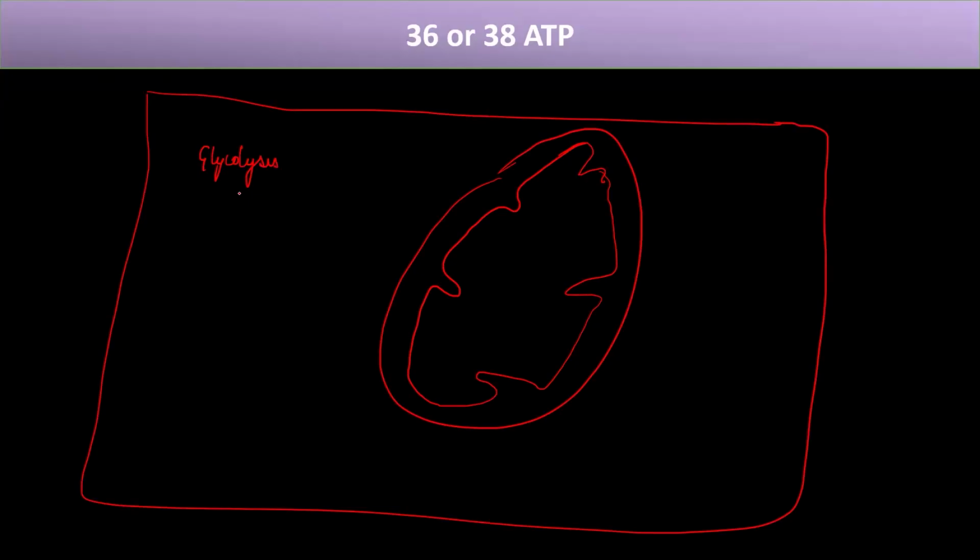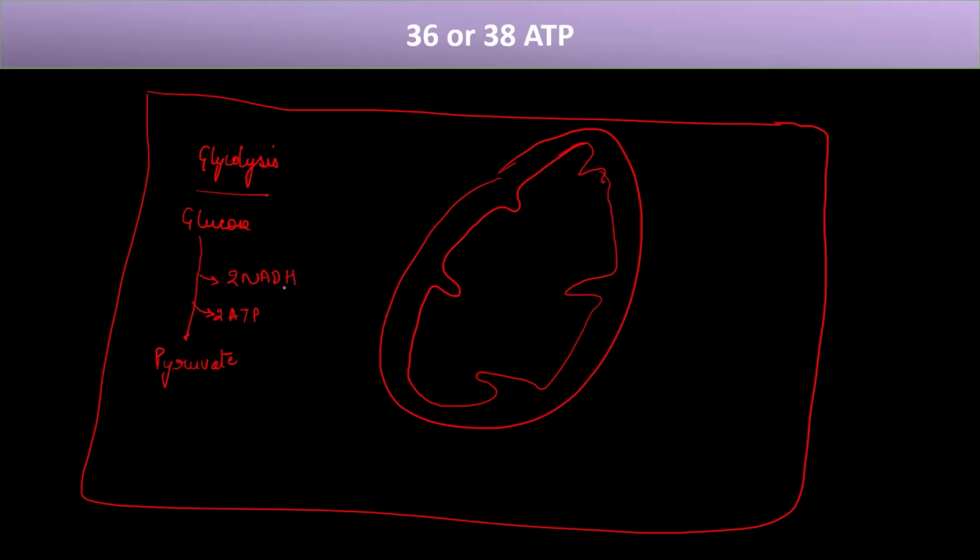Glycolysis takes place in the cytoplasm. Now what happens in glycolysis? Glucose leads to production of pyruvate, right? During this production, 2 ATP and 2 NADH are formed.